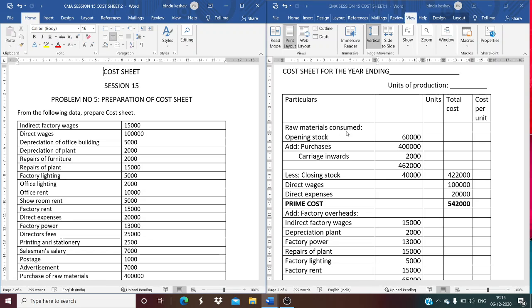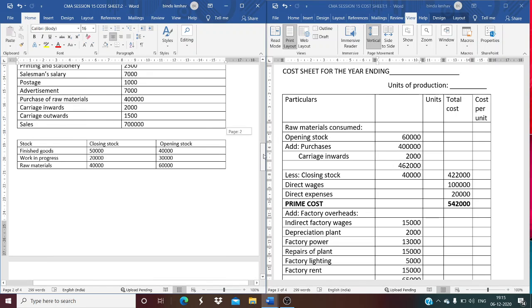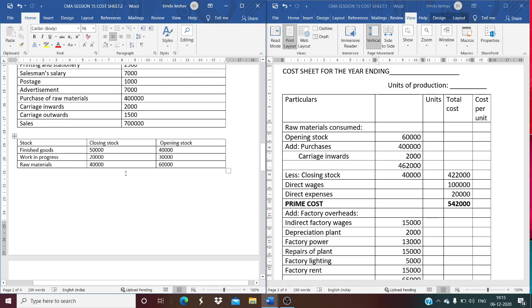So raw materials consumed, opening stock of raw materials, so it's given opening stock as well as closing stock. Opening stock of raw materials 60,000. To that we have to add purchases 4 lakh rupees, carriage inwards 2,000, so it is 4 lakh 62,000, less closing stock of materials 40,000, and the value which we derive by deducting this amount will be written in the total cost column 4,22,000.